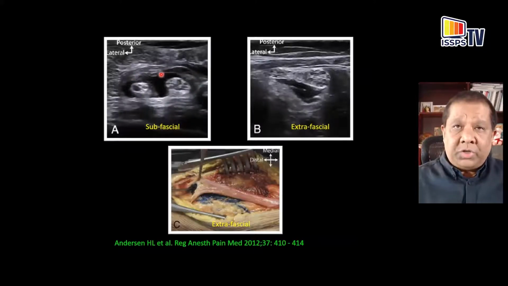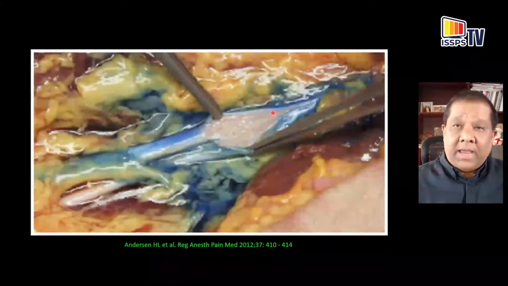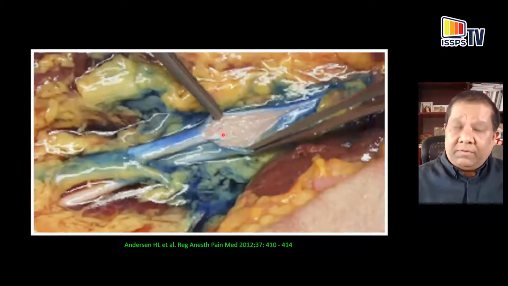This circumneural sheath can be defined as a separate connective tissue, which is separate from the epineurium or the outer layer of the nerve. And this can produce clinical efficacy differences. As you can see in this demonstration by Dr. Anderson in this cadaver, the subparaneural spread of the dye does not reach the inside of the epineurium.